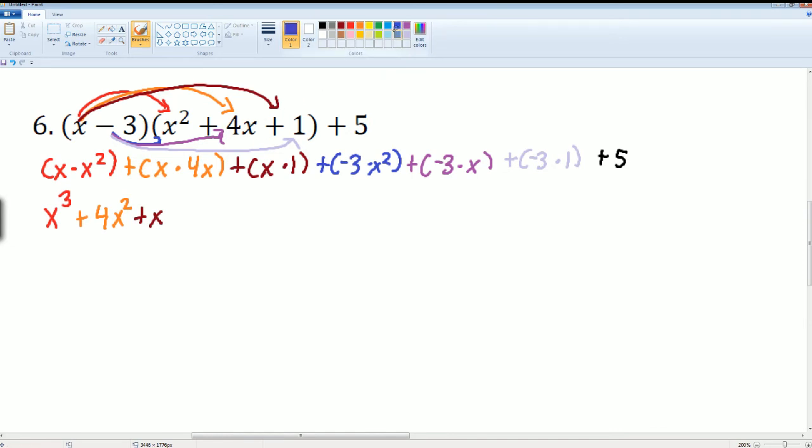Then you will have plus negative 3 times x squared, which is negative 3x squared. Notice I keep the parentheses so I can keep track of the negatives. Plus negative 3 times x becomes negative 3x. Negative 3 times 1, so plus negative 3. And this is add 5.